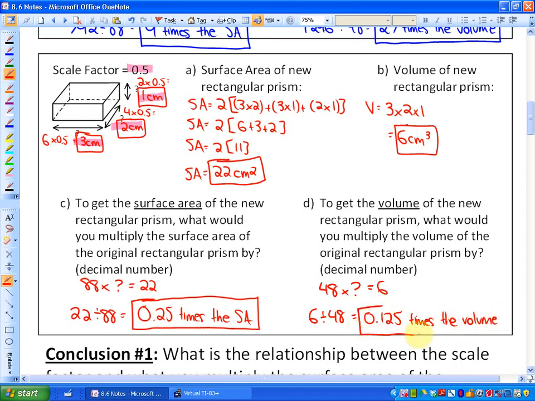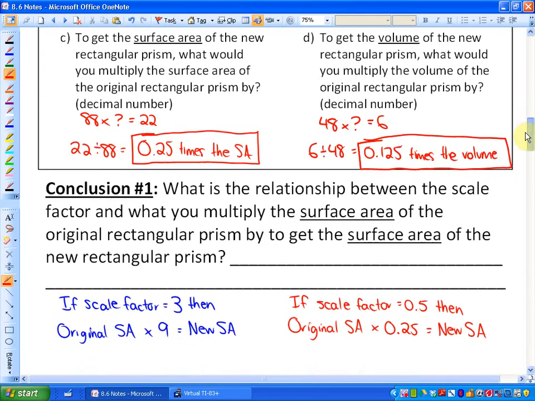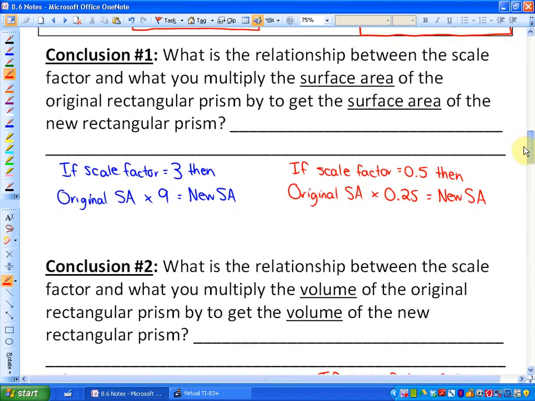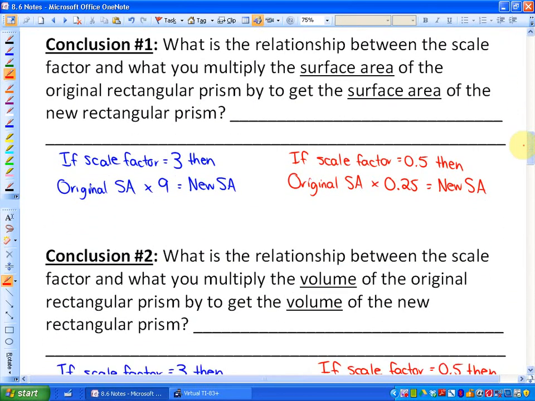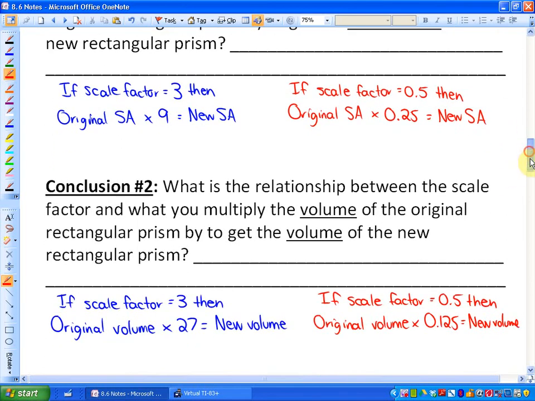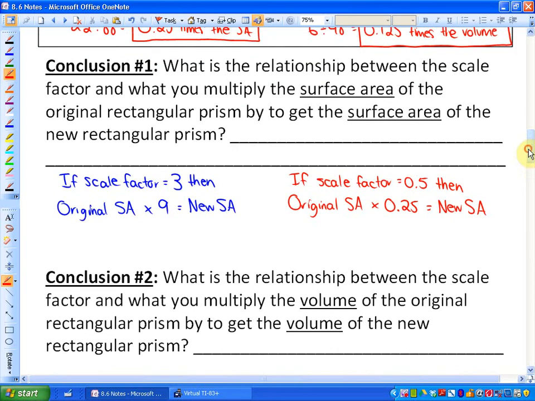So in conclusion, for this activity, and you may want to pause this shortly, I'll kind of explain it to you. The conclusion is this, so there's two conclusions to be made. What is the relationship between the scale factor and what you multiply the surface area of the original rectangular prism by to get the surface area of the new rectangular prism?